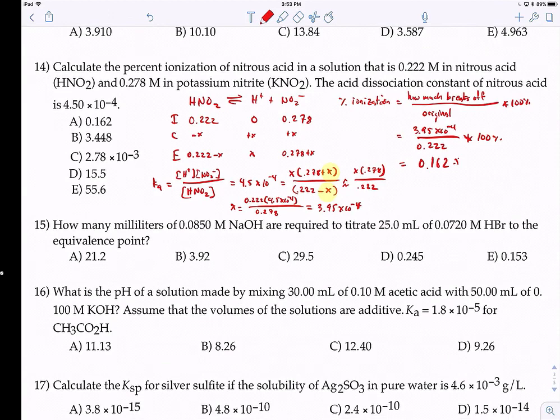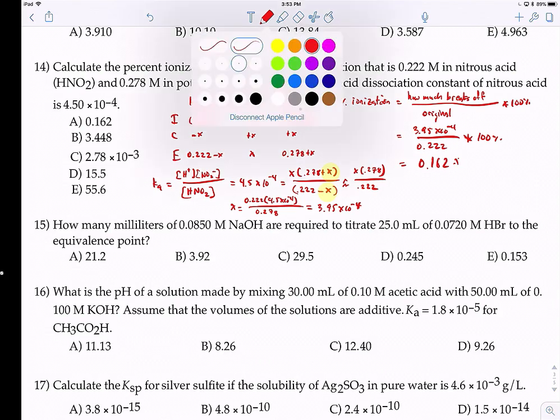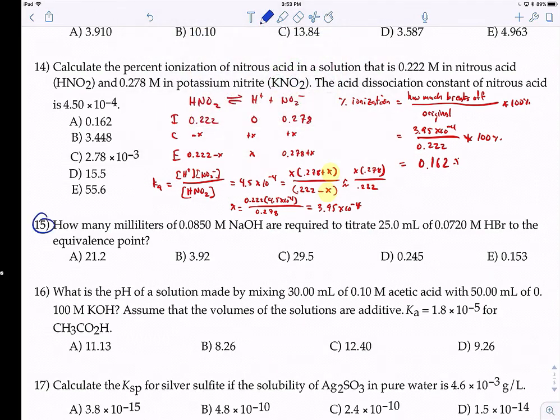Okay, how many milliliters of 0.850 molar sodium hydroxide are required to titrate 25 milliliters of 0.072 molar hydrobromic acid? So we can probably just do dimensional analysis with this one.